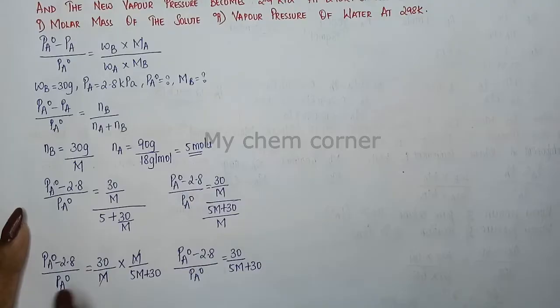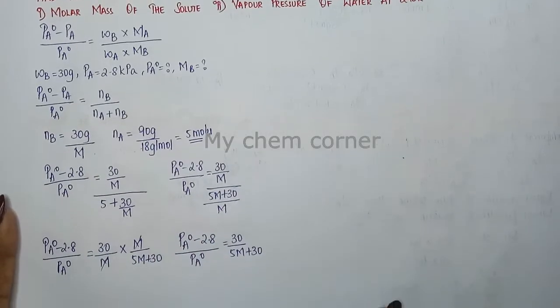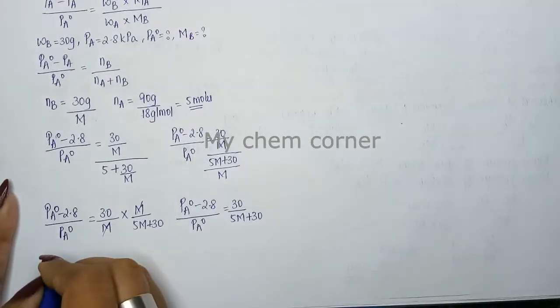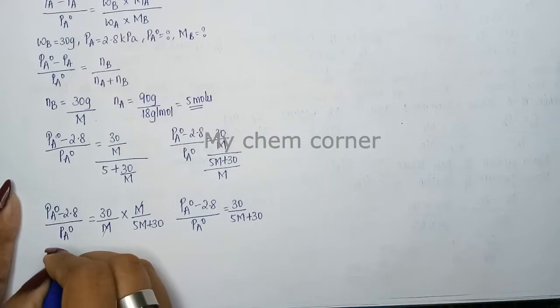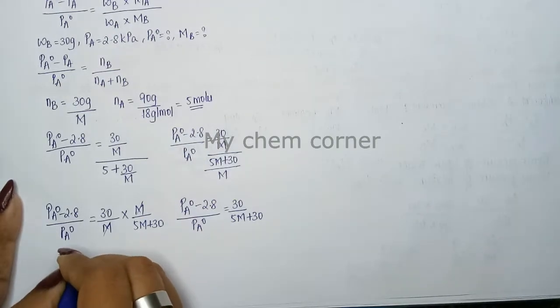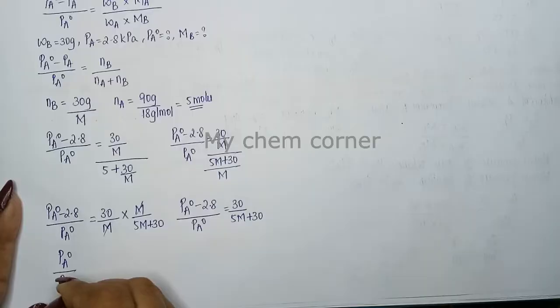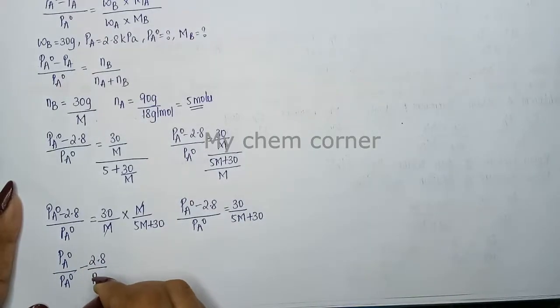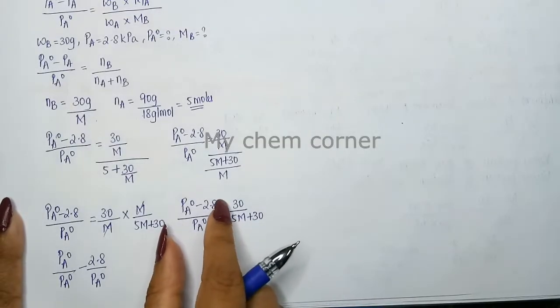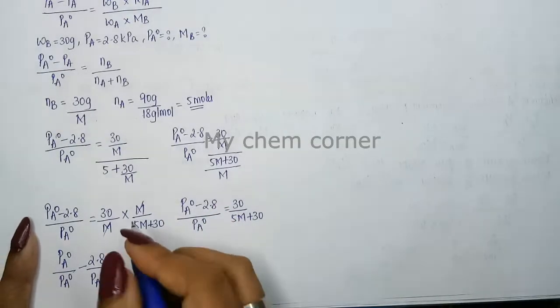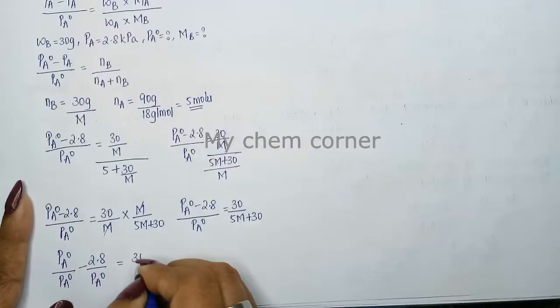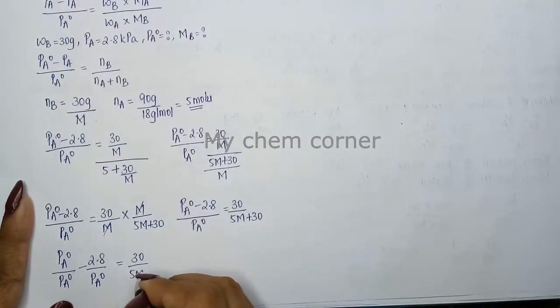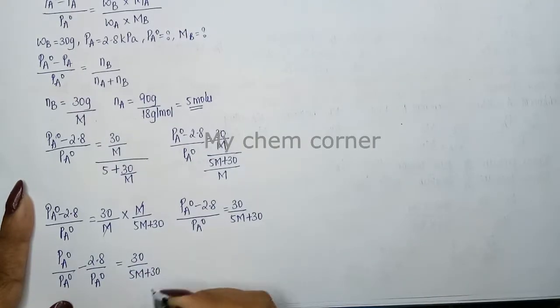Now what we can do is separate the left hand side of this. Alright, now when you separate the left hand side, this will become PA naught by PA naught minus 2.8 by PA naught. We separate it as if LCM was done earlier to this. This is equal to 30 by 5M plus 30.